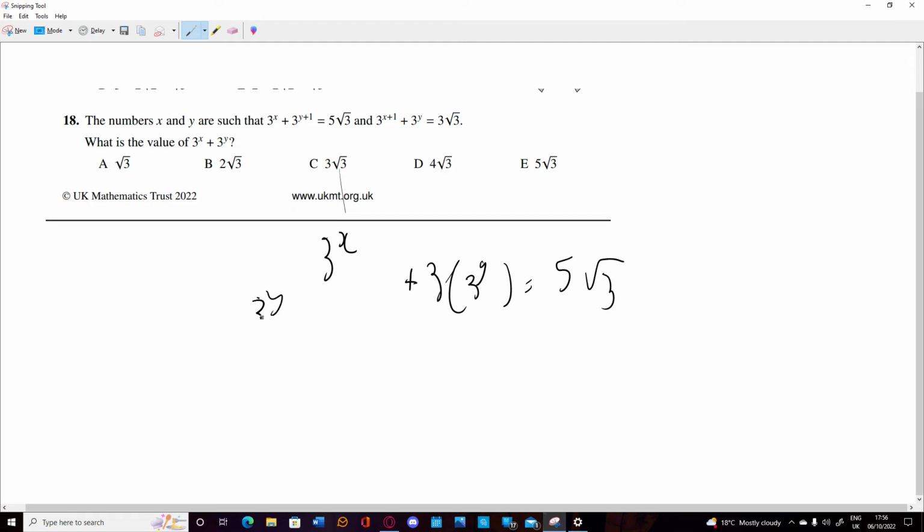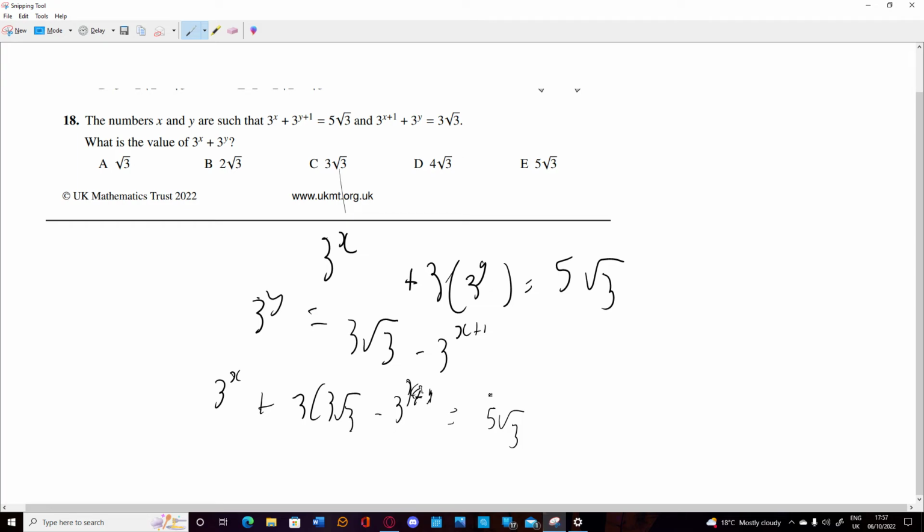3 to the y, 3 root 3 minus 3 to the x add 1, 3 to the x add 3. My handwriting's a bit dodgy on this.